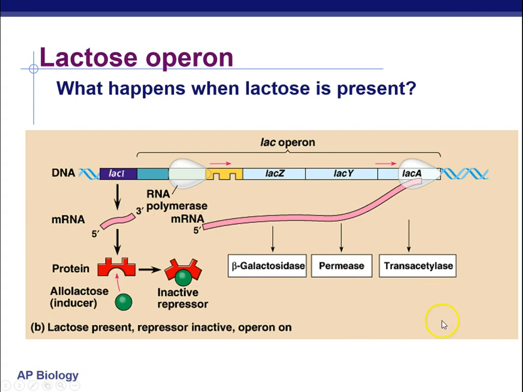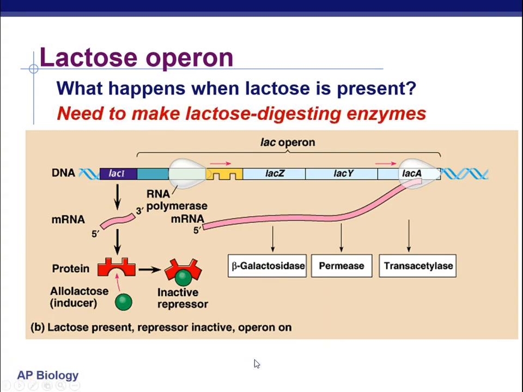And here's another diagram to show that. Remember, bacteria need to make lactose digesting enzymes. So then we'll turn on this lactose operon and we'll actually make our mRNA transcript. So all the parts are shown here.